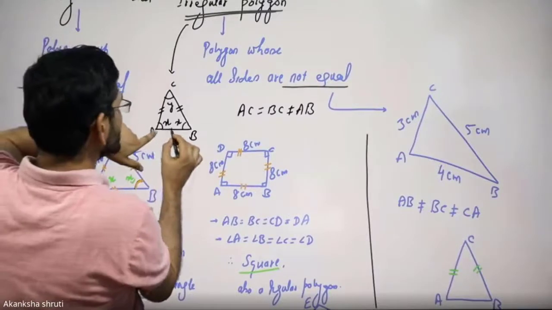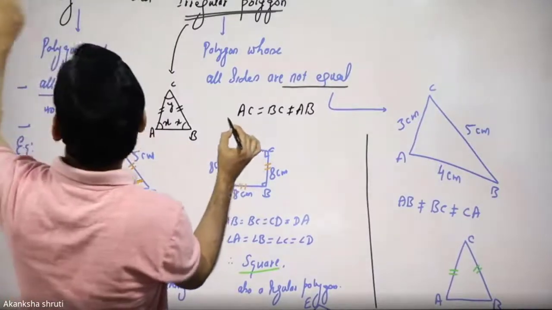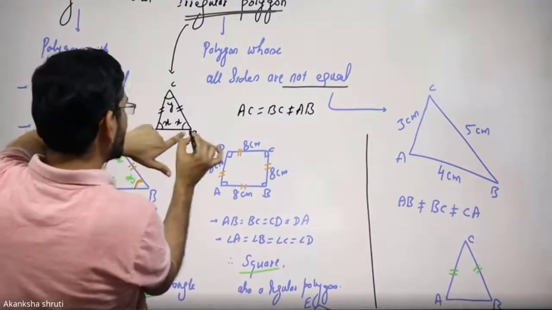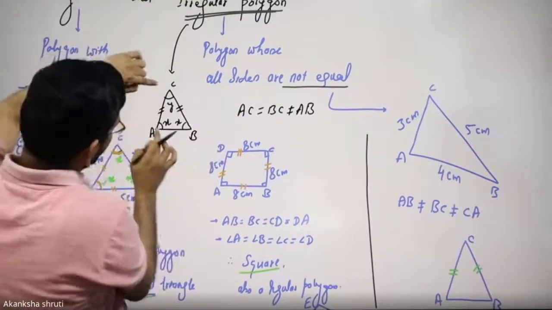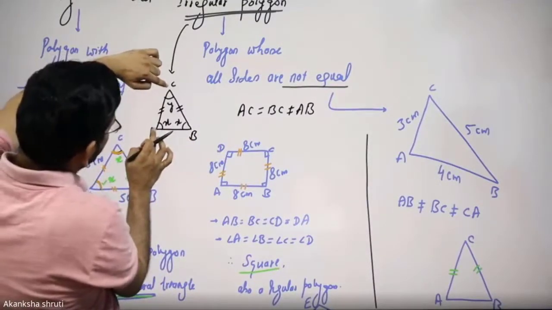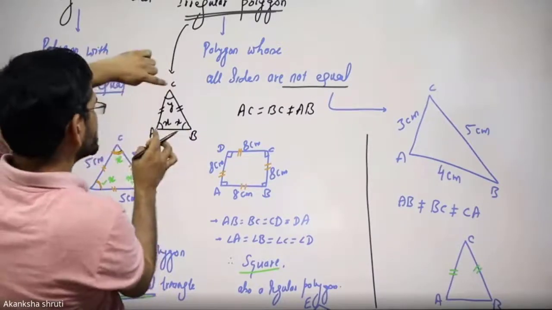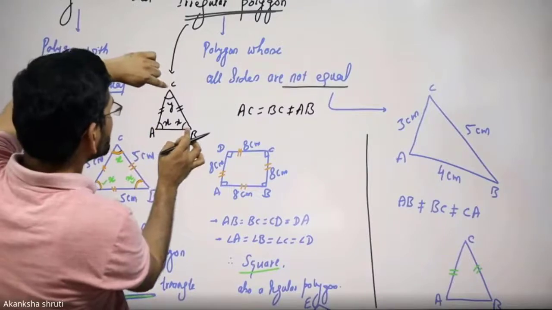So in this case, the angle at A and the angle at B will be equal. This means for the sides which are equal, you have to look at their opposite angles. Say AC equals BC.